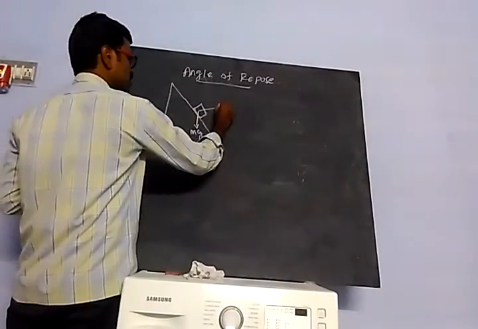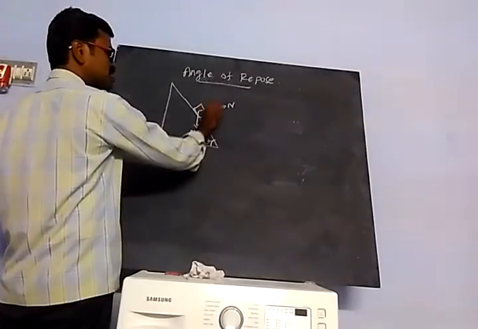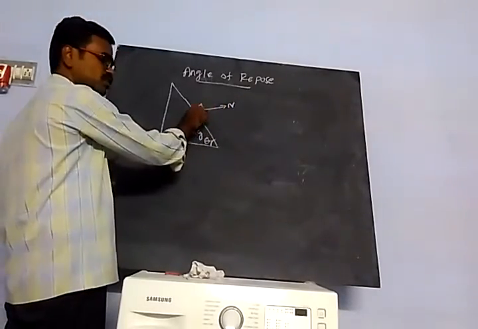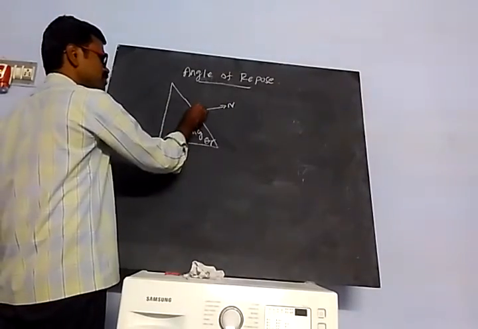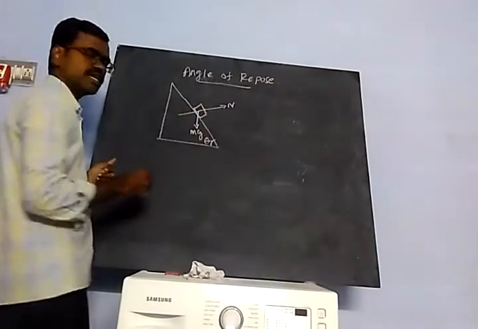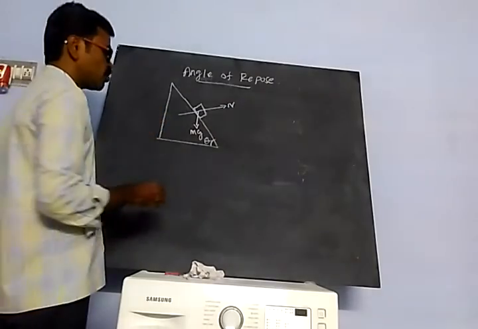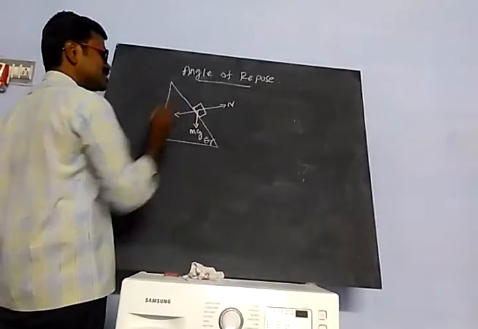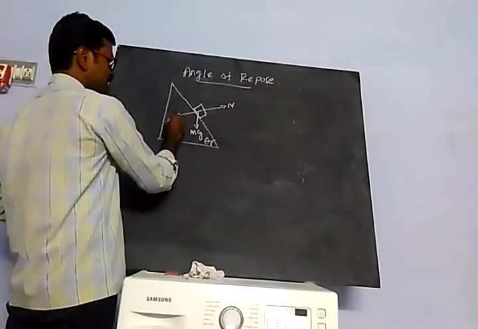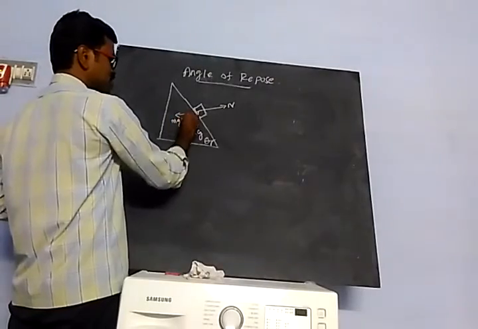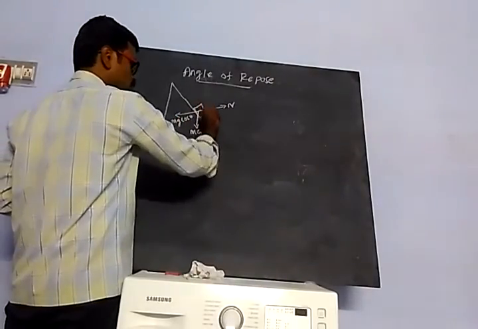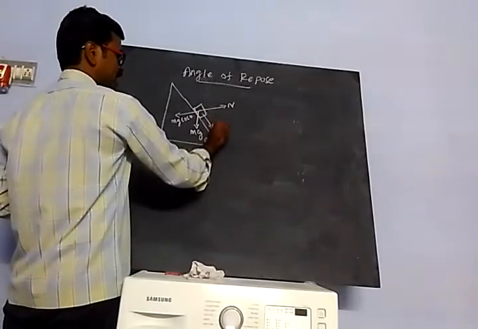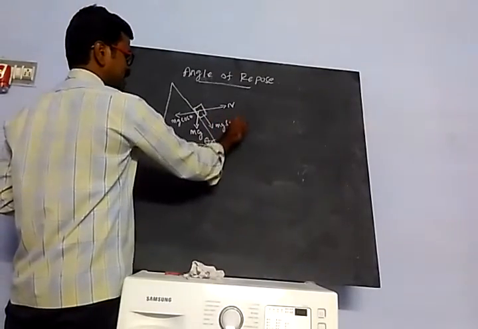Next, the normal force, always perpendicular to the surface. This downward gravitational force resolves into two components: mg cos theta, perpendicular to the surface, and mg sin theta, along the surface.